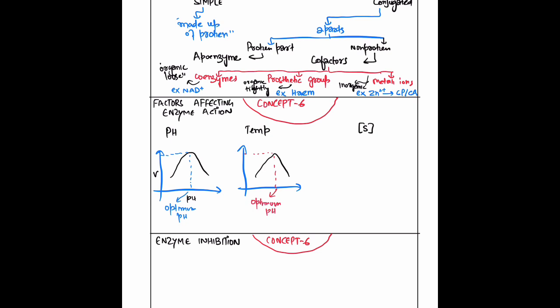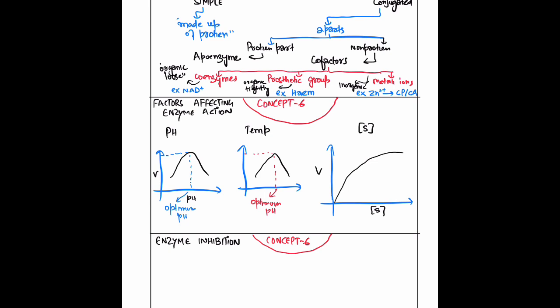But in case of substrate concentration versus enzyme activity, you will get a graph like this, where the activity is initially increasing linearly. With increasing substrate concentration, the enzyme activity increases in a linear fashion, but ultimately it reaches a maximum, where the graph becomes a plateau.